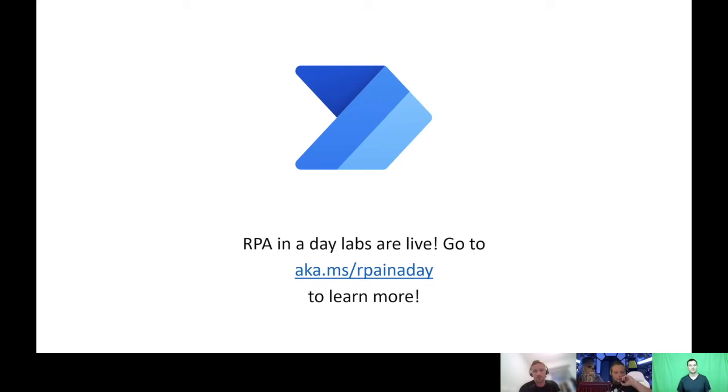You can do these labs in your own company, or just try them on your own. You'll have a set of scenarios and instructions to follow to onboard faster with RPA. I personally learn most efficiently when I have a scenario that I can actually create, rather than just trying to figure out what I could do or reading documentation, but working on a real case study. This is what RPA in a day gives you.